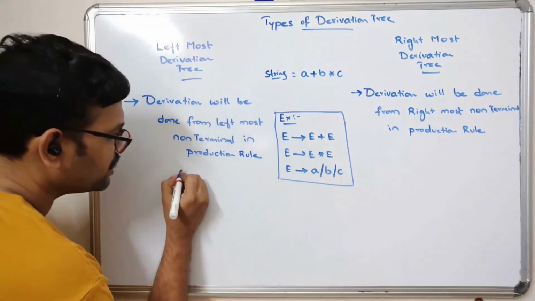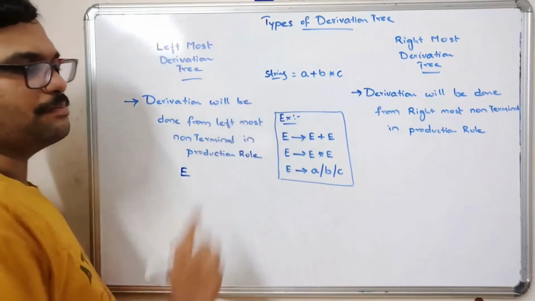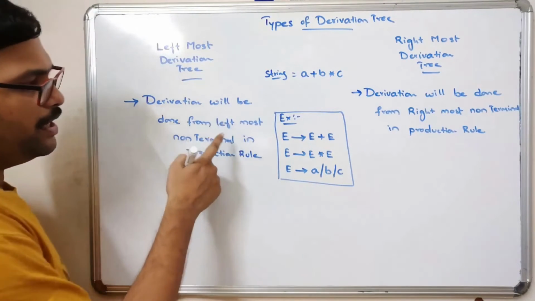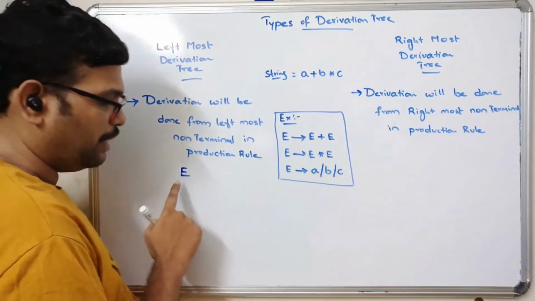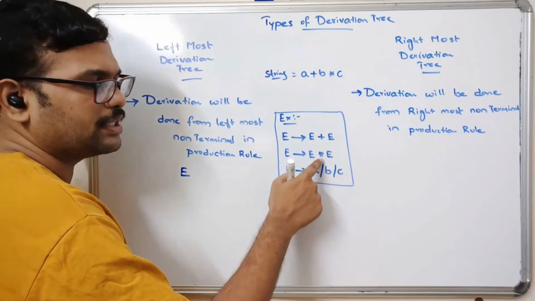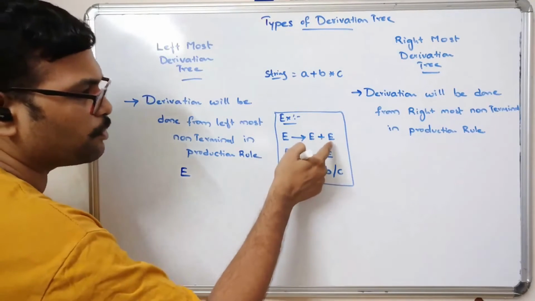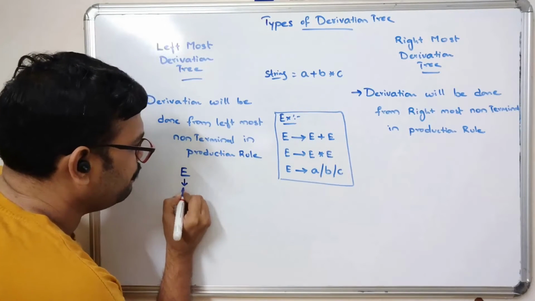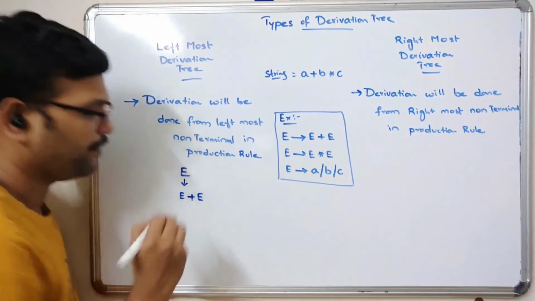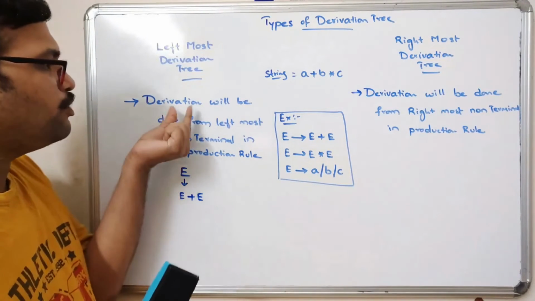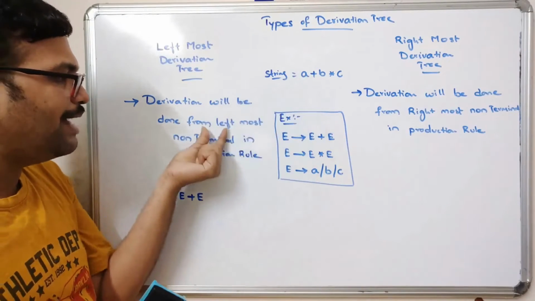Now we'll see. I will start with E because E is the start symbol. Here we need to go from the leftmost. E can be substituted with this production or this production, right? So I will go with this production. E can be substituted with E plus E. Here we have to derive the string from the leftmost.